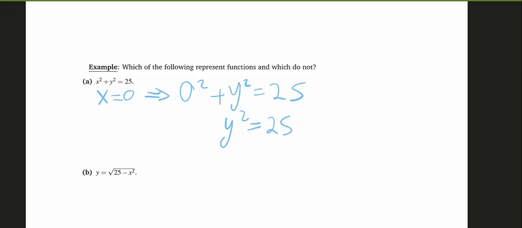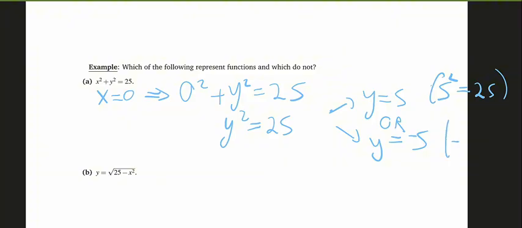Let me point your attention to something: when you take y squared equals 25, remember that the whole point of an even power is that it's oblivious to the minus sign. So we got y equals 5 or y equals negative 5. We got two possibilities, because in parentheses, 5 squared is 25, and negative 5 squared is equal to 25. Good. And this is not a function, because for one x, x equals 0, we got two y's.